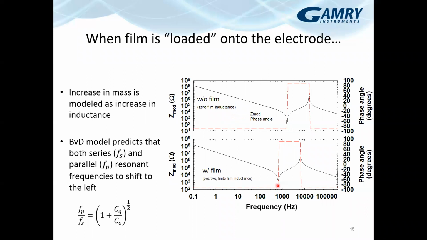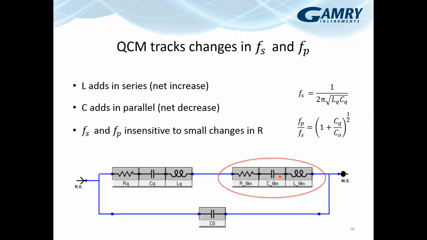And so the BVD model is a useful representation to know and understand how this oscillating quartz crystal, the mass sensor, works. What we're leading at is that a basic QCM and the resonator that we provide here at Gamry tracks FS and FP.